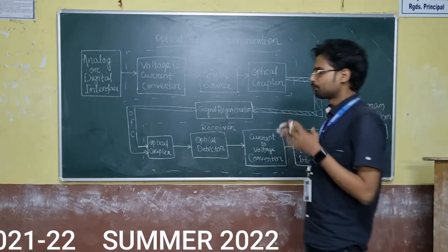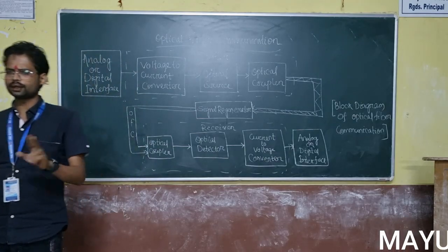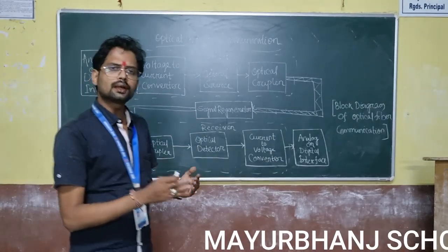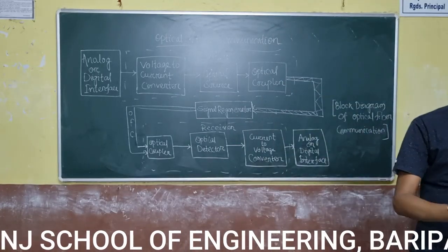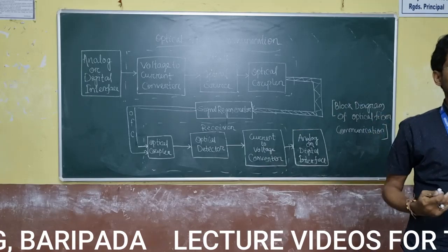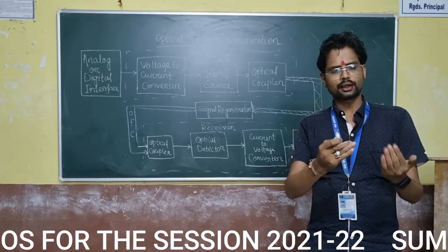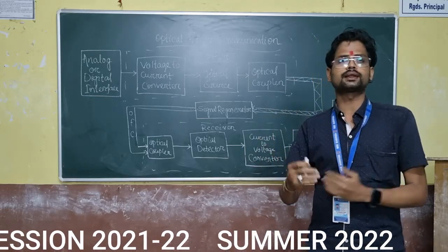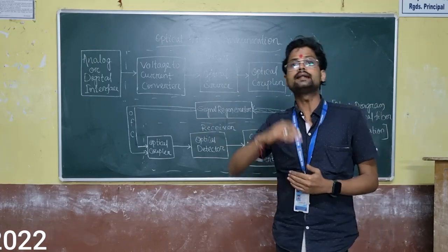If we consider the main steps, the first step is to convert the analog or digital interface signal using the voltage to current converter. Then the converted signal is transferred to light energy, or a light signal.